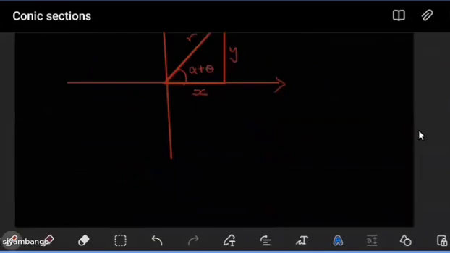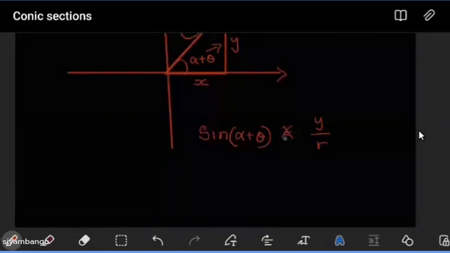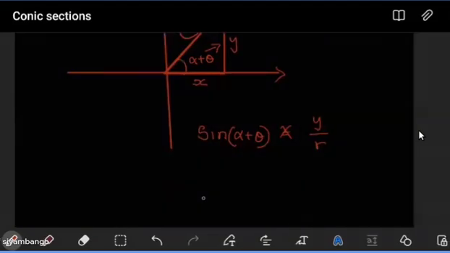So when I'm using SOHCAHTOA in this case, I will have to say sine of alpha plus theta, because that's the angle, and it is opposite to y. So it will be equal to opposite over hypotenuse. But notice that in this case, the hypotenuse is still R. And if I cross multiply, we see that this reduces to R sine alpha plus theta being equal to y.